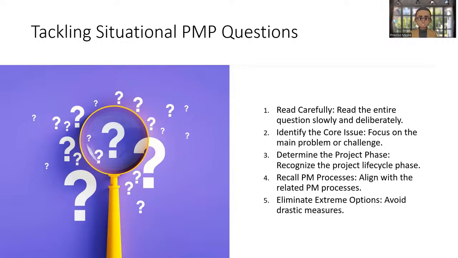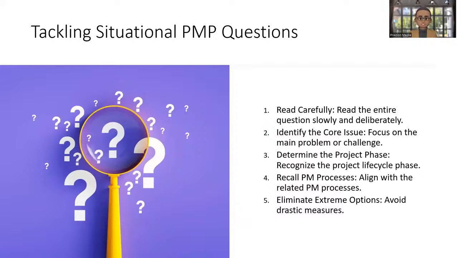Because I dare say that every single scenario can be tied back to a process. For example, sprint review, that's validate scope. Sprint retrospective, that can be tied to manage project knowledge and close project or phase.